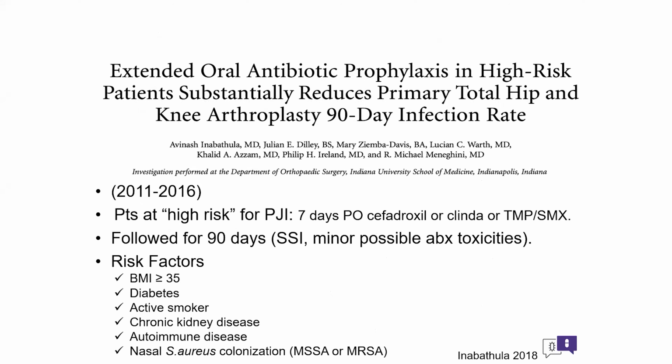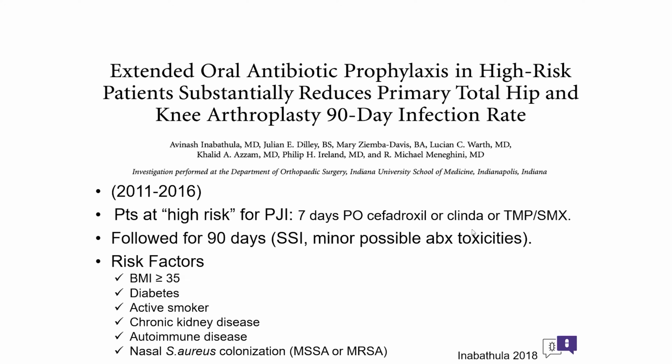This article was alluded to in the previous talk, with extended antibiotic prophylaxis orally in high-risk patients getting primary total hip or knee arthroplasty. And they defined high risk with these risk factors, including increased BMI, diabetes, smoker, kidney disease, autoimmune disease, staph carrier.